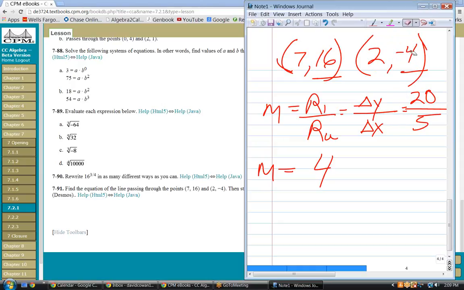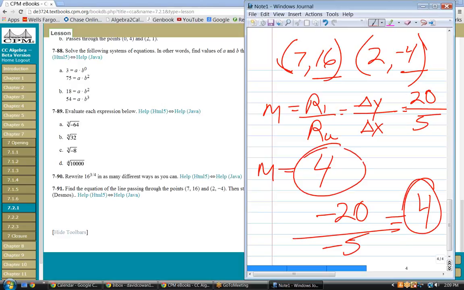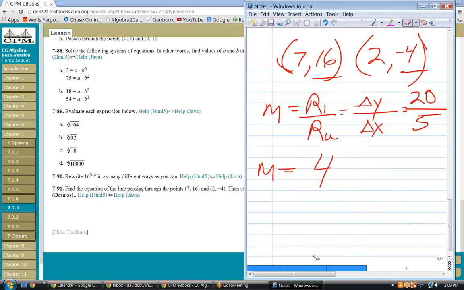I could have said minus 4 minus 16, which would give you minus 20, and I could have said 2 minus 7, which would give you minus 4. Notice it is the same slope. So it doesn't matter which direction you go as long as you're consistent between your x's and your y's. Okay, so we have a slope of 4.